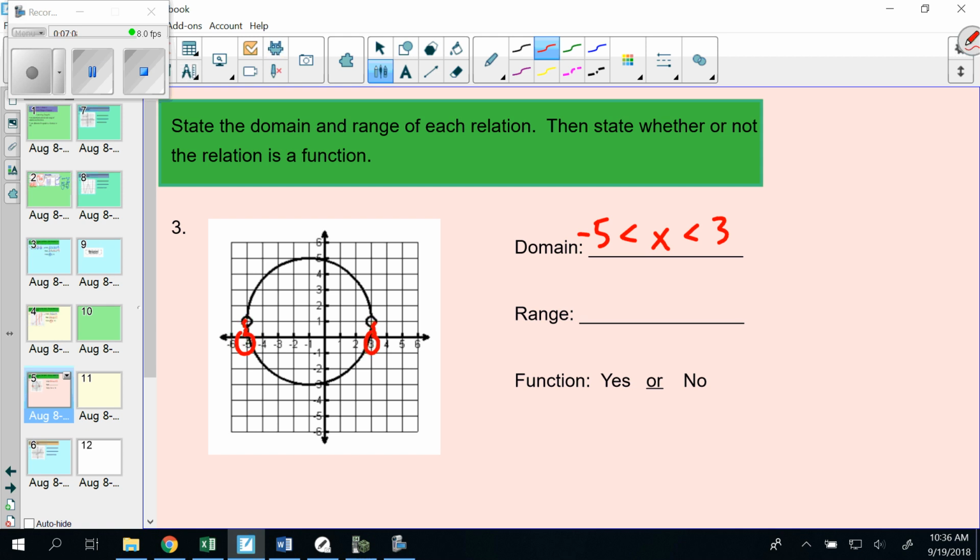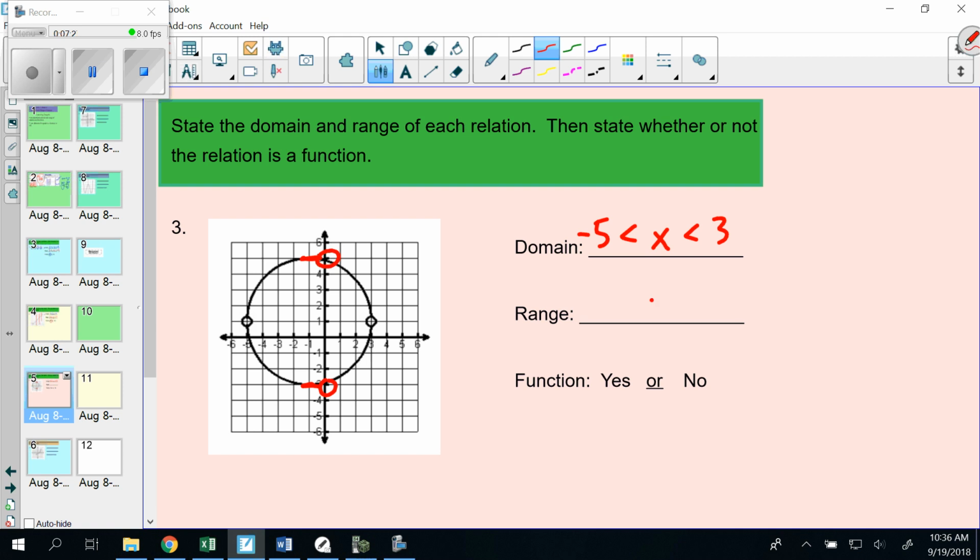All right, now for our range. What's the range values that are spanned here? Okay, so now if we're looking at y's, what's the lowest we see? Lowest looks like -3. What's the highest that we see? Highest looks like 5.